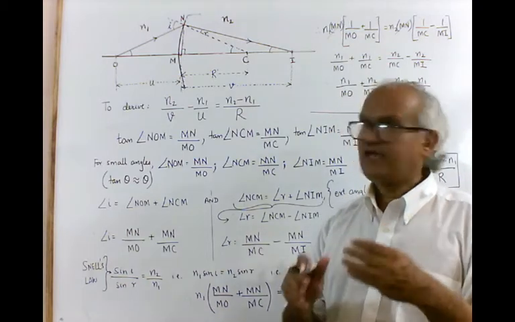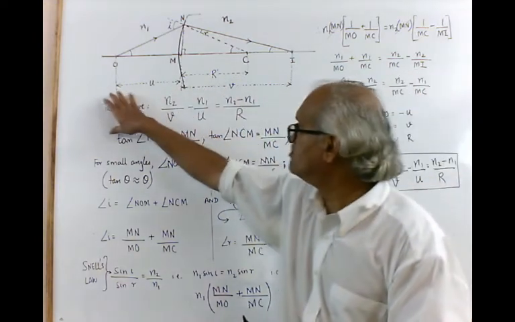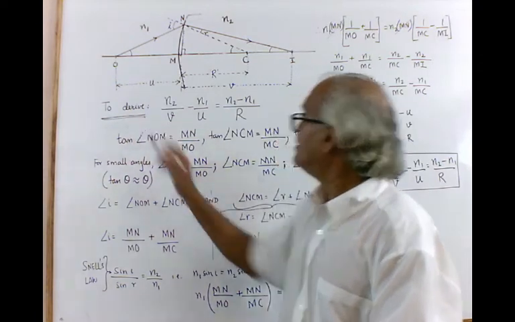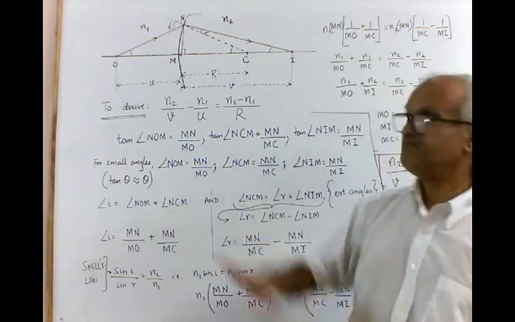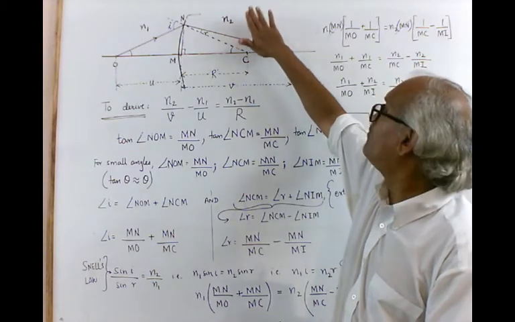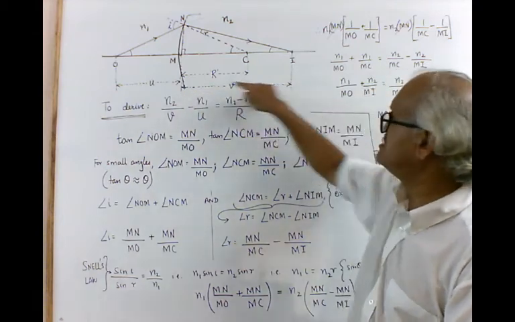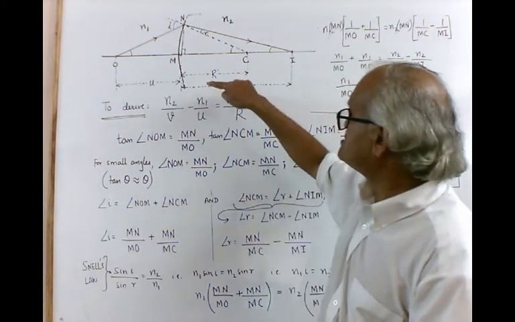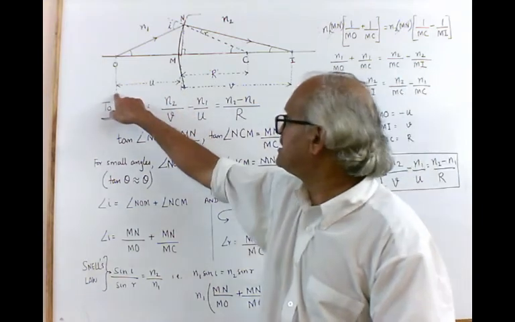To begin with, I am writing this relationship on the board beforehand. So we want to derive this particular important relationship which says n2 upon v, which means refractive index of the medium in which the image is formed upon image distance, minus n1 upon u, which means refractive index of the medium in which the object is kept upon object distance.